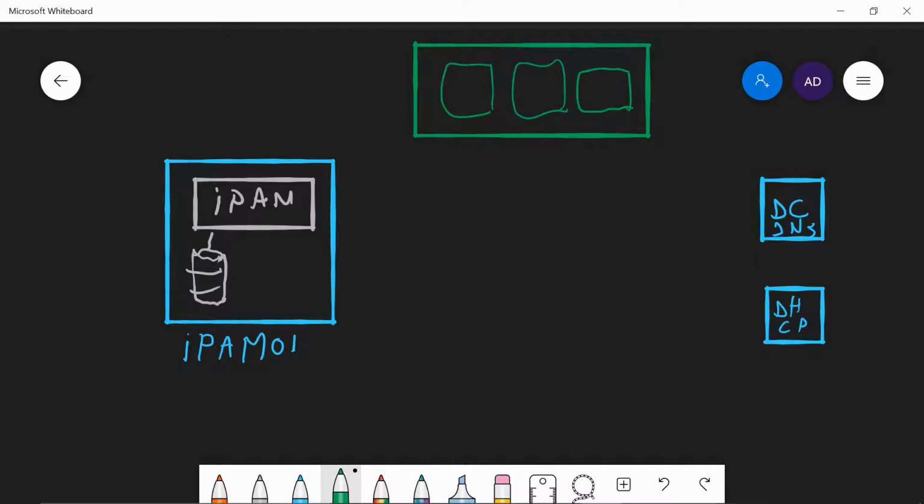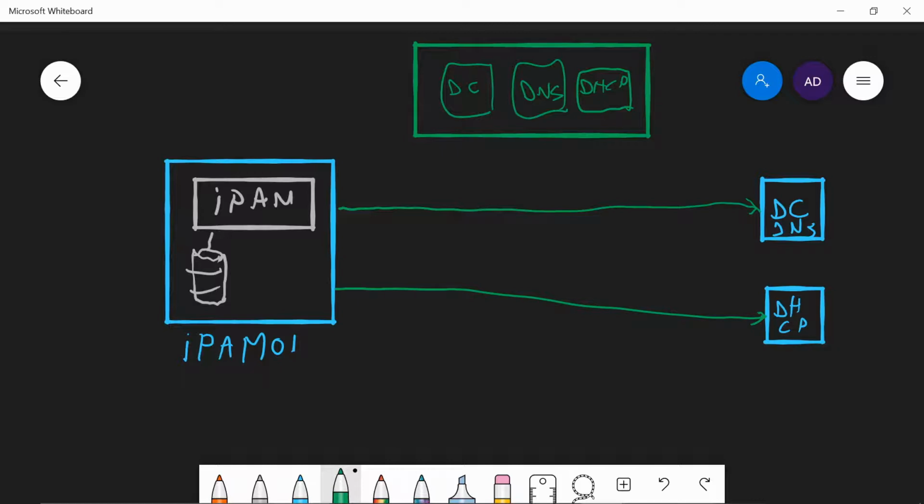One group policy will be for DC, one for DNS, and one for DHCP. And at this moment, IPAM will start and discover servers from your environment, and it will of course find these two servers here, the domain controller and the DHCP server. After they are discovered, we have to choose to manage them.